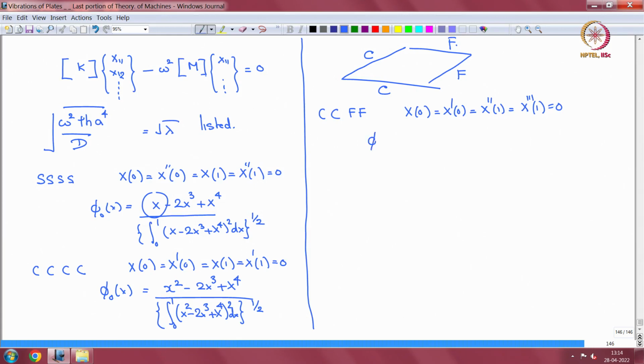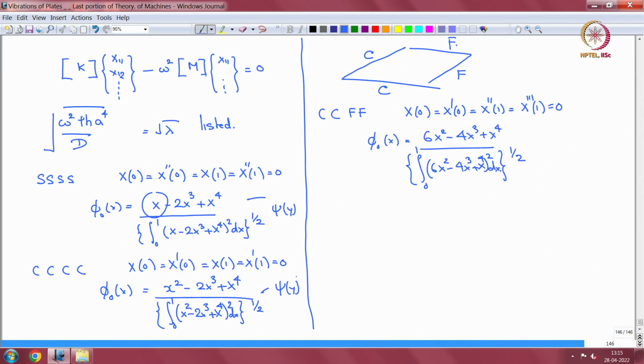Then the phi 0 of x is 6x square minus 4x cube plus x fourth divided by the square root of the integral of 6x square minus 4x cube plus x fourth squared dx. Similarly, psi of y will be exactly the same with y in the other direction.